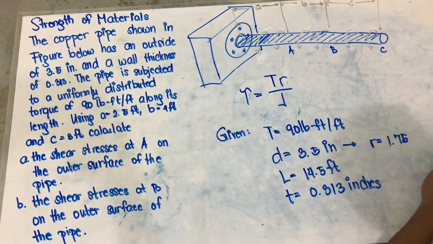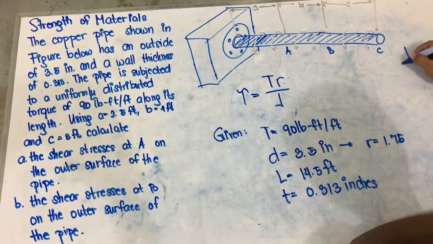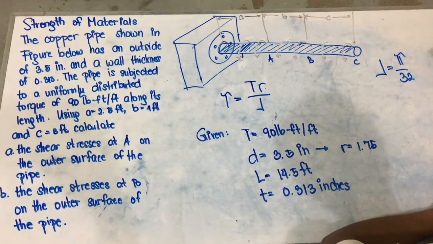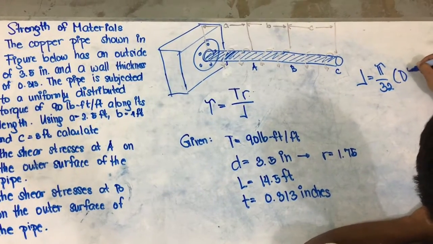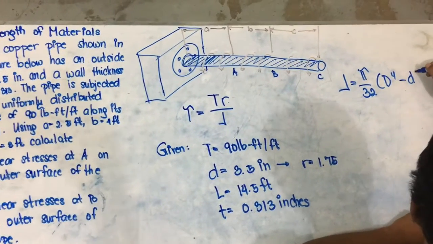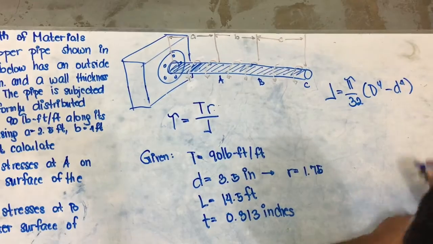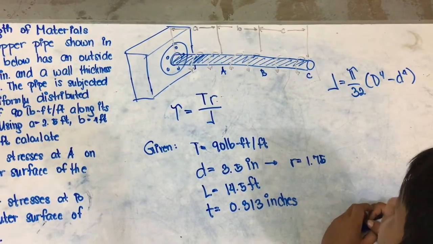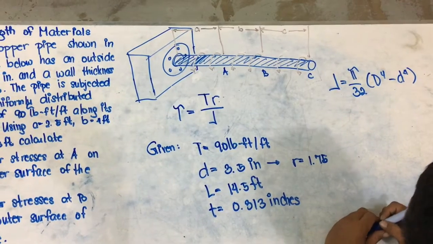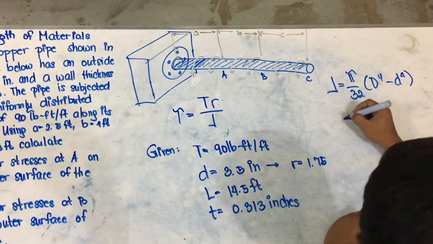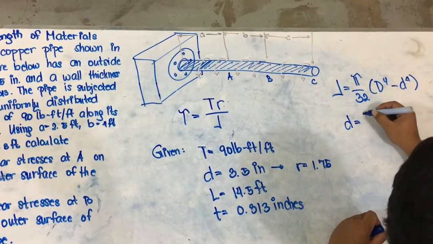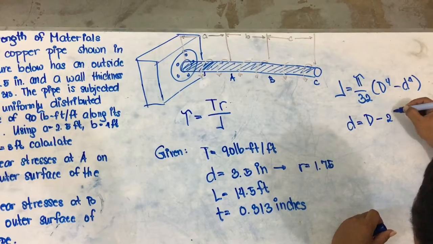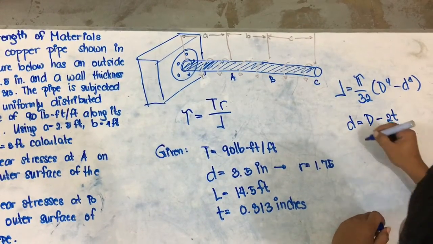The polar moment of inertia is equal to pi over 32 times D to the fourth minus small d raised to the power 4. Big D is the outer diameter and small d is the inner diameter. To locate the inner diameter, we need the outer diameter minus the thickness of the pipe, times 2.